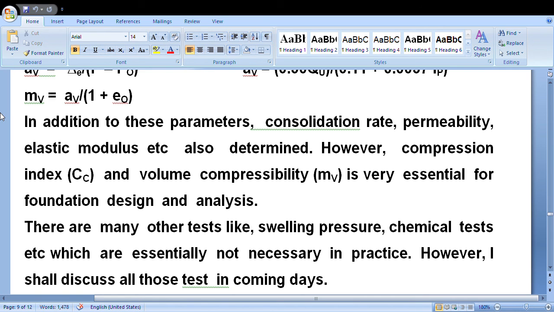A single packer is there, but in soil, a single packer is not suitable. A double packer is suitable for that test section. We must go for this permeability test. Swelling pressure test results, chemical tests, etc. are essentially not necessary in practice.